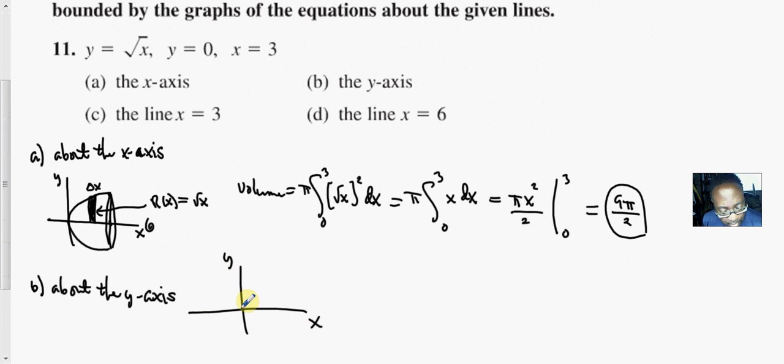So examining this, remember the curve, the basic shape that we have is this, but to evaluate this about the y-axis means that we have symmetry about the y-axis. So it's actually doing this.